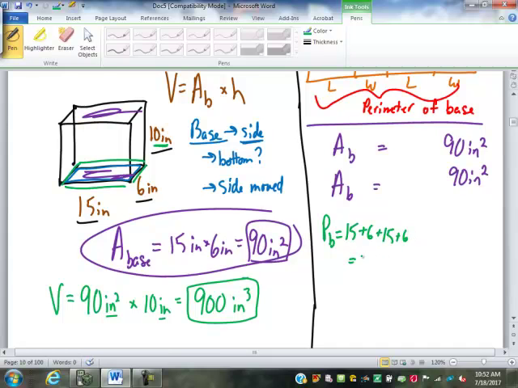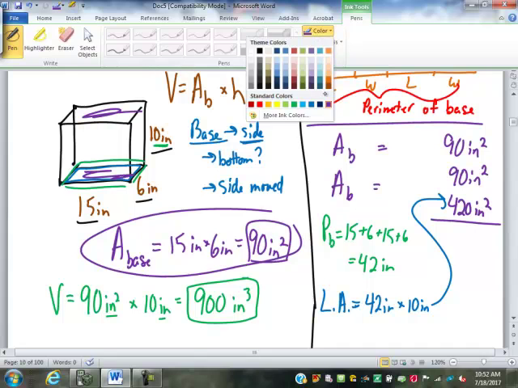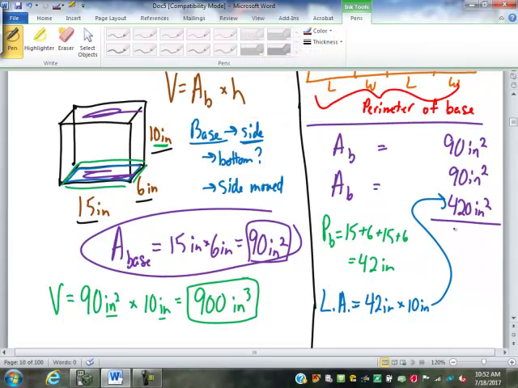Which is 42 inches, I believe, right? So then our lateral area is that perimeter of the base, 42 inches, times my height of 10 inches for 420 inches squared. That adds up to 600 square inches is our surface area.